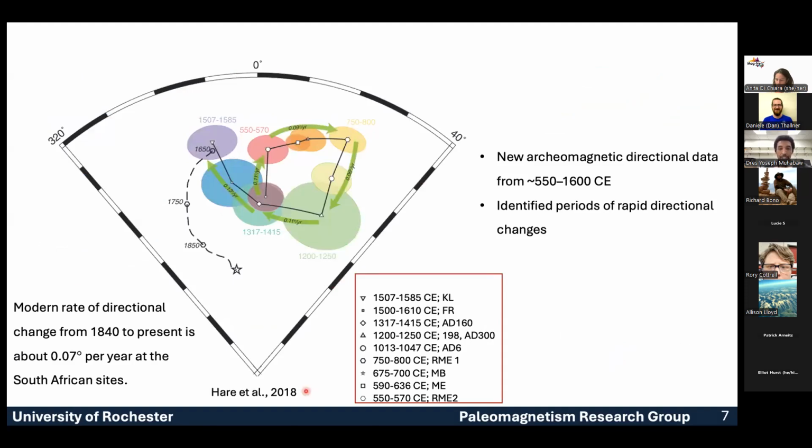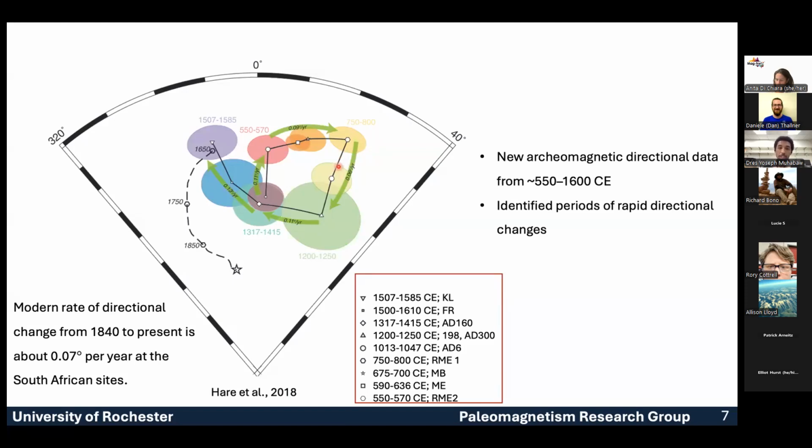So later on, Hare et al. 2008, they expanded the directional data in this region to better understand the secular variation paths. Again, in this work, they identified different directional changes, but if you see this one, there is an age gap. Even though it shows modest change in directional changes, we still see some data gaps in this region.